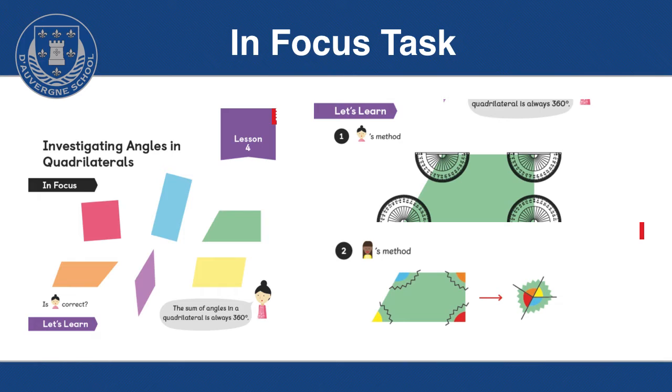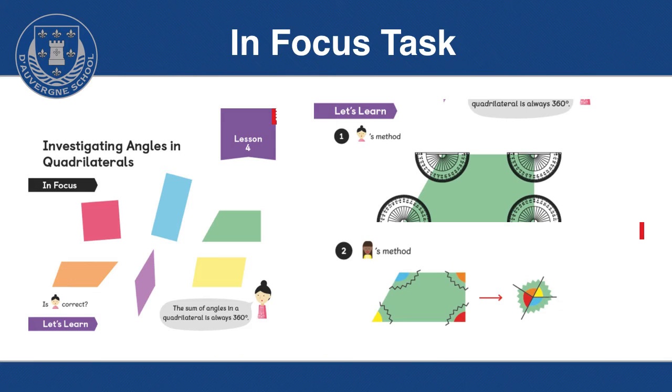Okay, so our in focus task today, we've got Ruby that says the sum of angles in a quadrilateral is always 360 degrees. Is she correct? In the Let's Learn, Ruby attempts to work this out. She uses a protractor and measures the 4 angles in the quadrilateral and sees that they add up to 360.